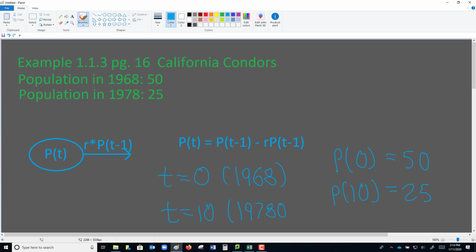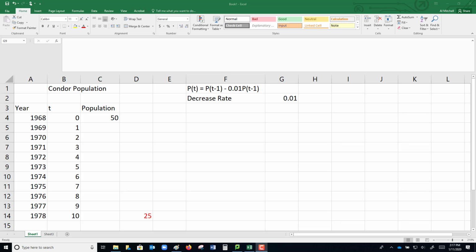Maybe we can figure out what the decrease rate is with the same principles of how we made our last Excel spreadsheet. Here I've set up our Excel spreadsheet in a very similar way to what we did for the grizzly bear population. I've written our function up here, the only difference being now there's subtraction going on with some rate. Really, I should change this to an R value because we don't know what that value is yet.